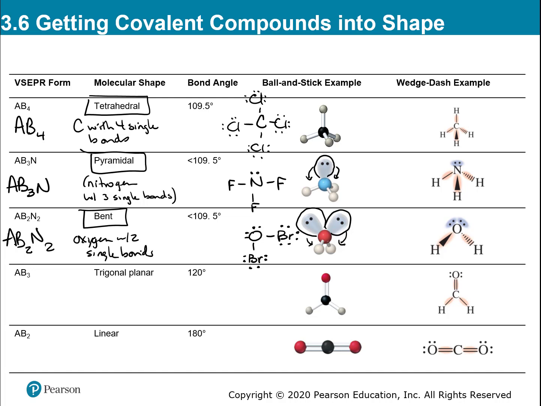Kind of an easy way to pick it out. Nitrogen with 3 single bonds is always going to look pyramidal. Carbon with 4 single bonds is always going to look tetrahedral. So these last 2, you really see if the central atom is carbon, because notice there's no non-bonding electrons, and the central atom has at least 1 double bond.